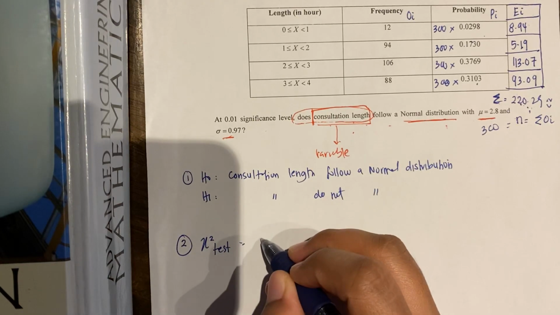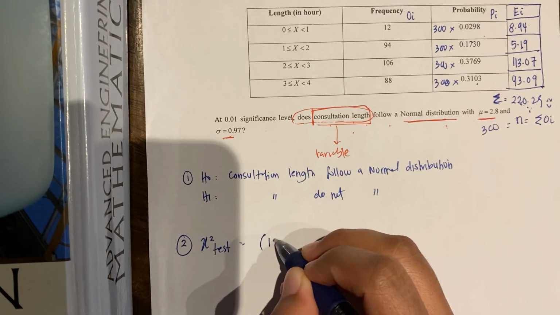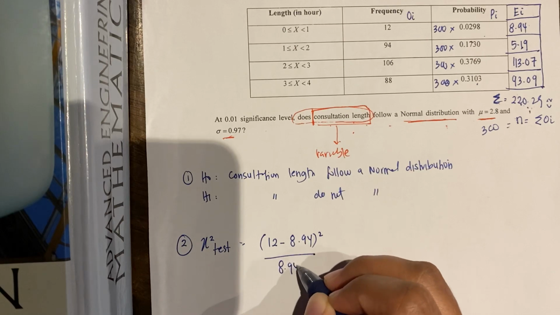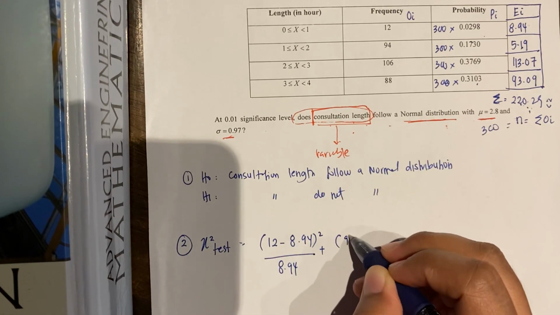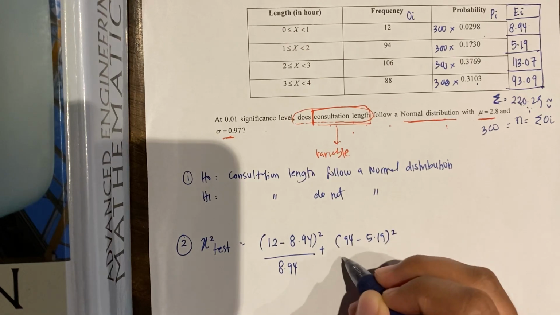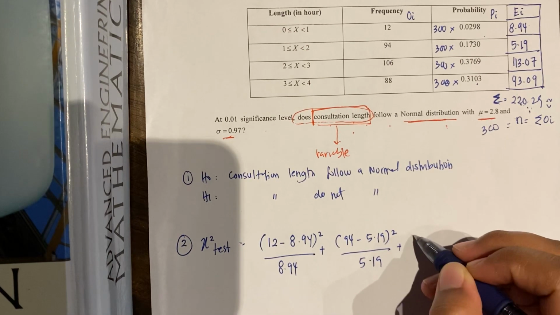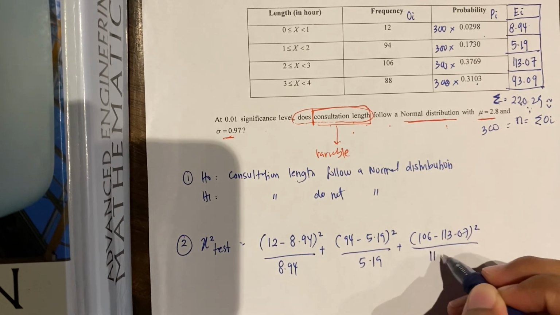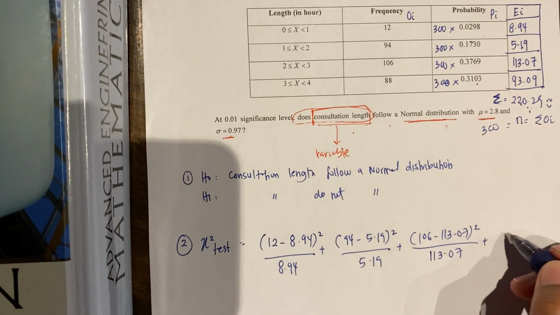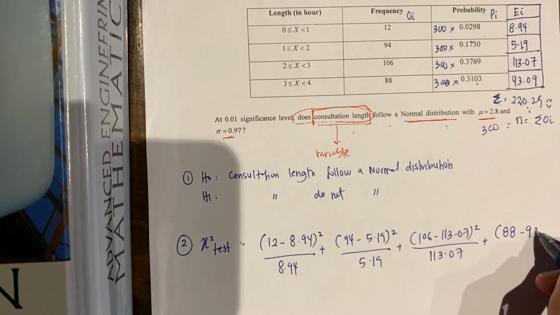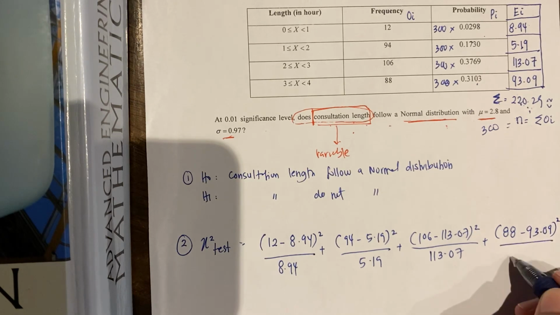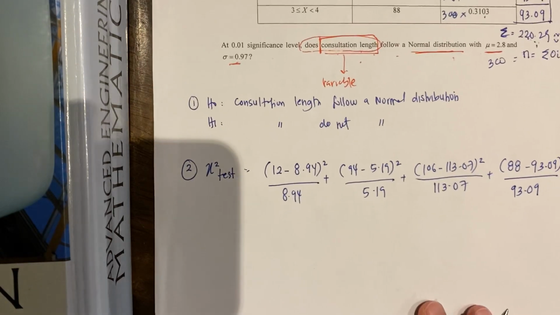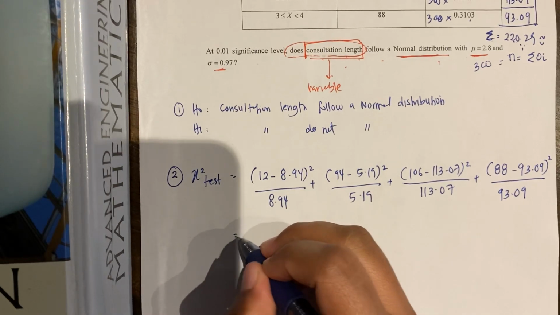The formula: O minus E for the first category, squared, divided by E, plus the second category, third category, and the last one, the fourth category.